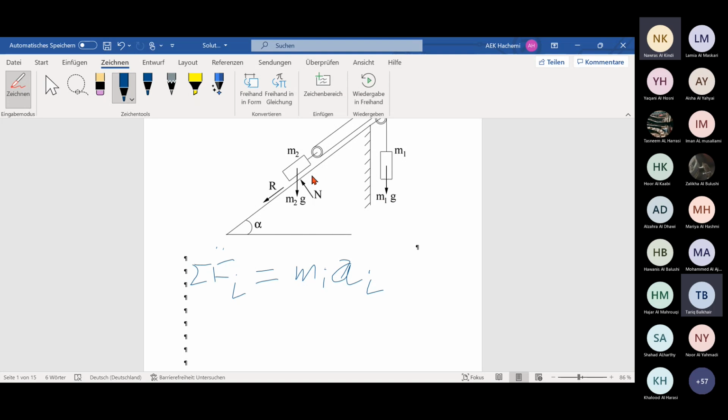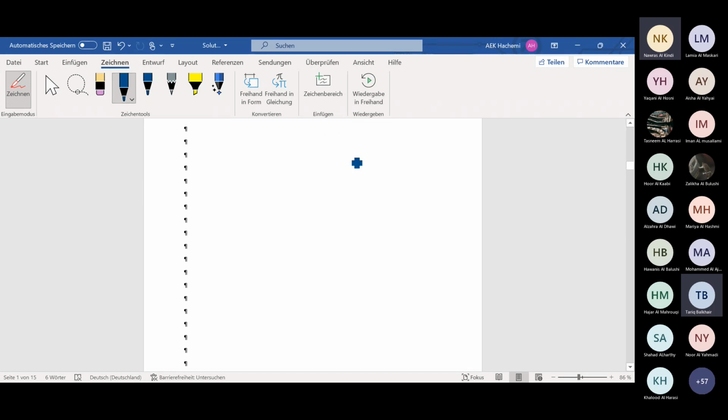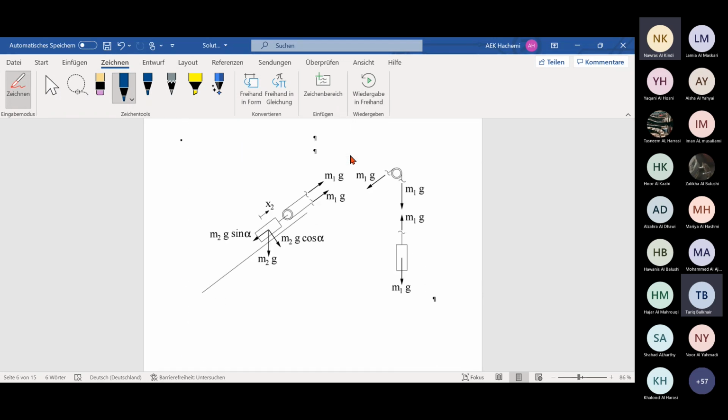For the method of Newton, we have to make what we call the cutting. That means we cut the system to know the internal forces. In this case, we take the cable which is attached to the mass M1.